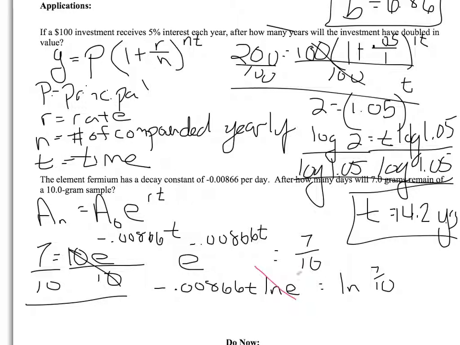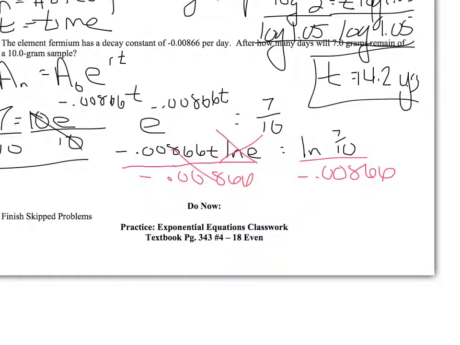You know ln e is just a 1, so I usually just cross it off at that point. To solve for t, I'm going to divide by negative 0.00866. And then when you type that in your calculator, you will get t is equal to about 41.2 days.